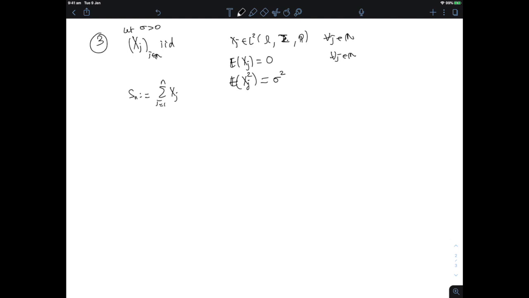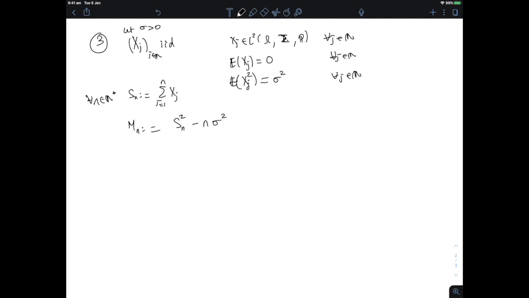positive. Okay, so now I'm going to define Mn to be, this time, Sn squared minus n times sigma squared.